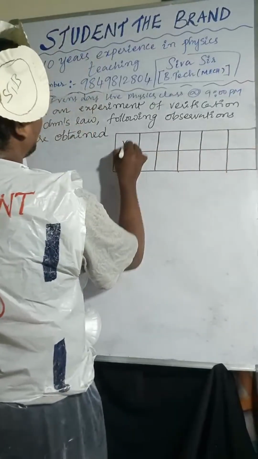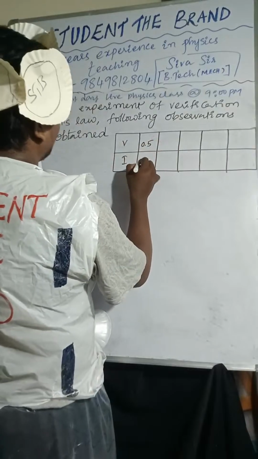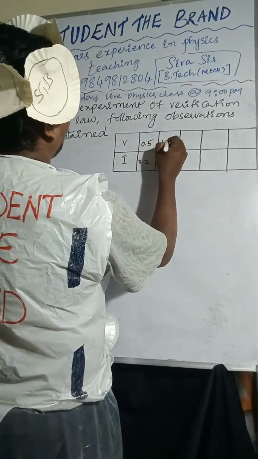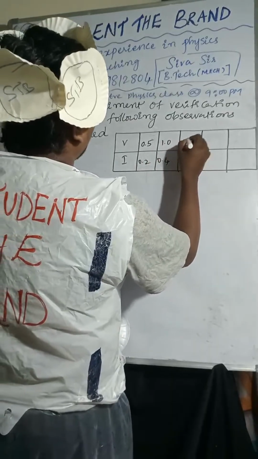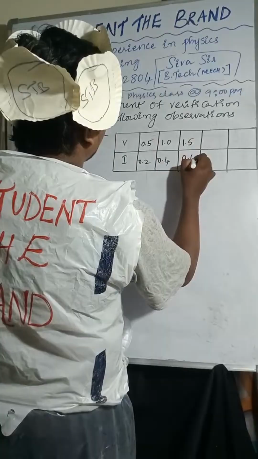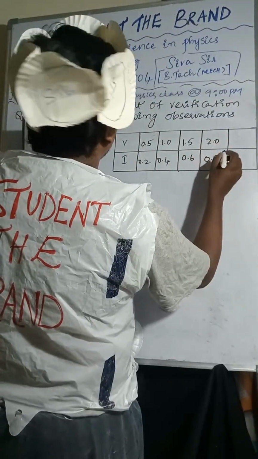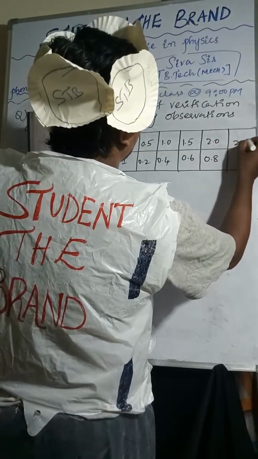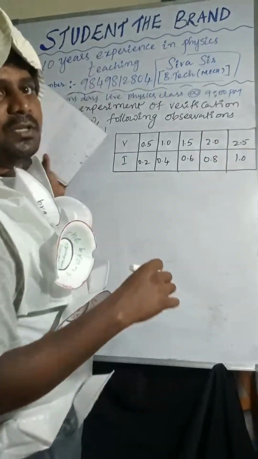So V and I: 0.5, 0.2; 1.0, 0.4; 1.5, 0.6; 2.0, 0.8; 2.5 and 1.0. So these are the observations.